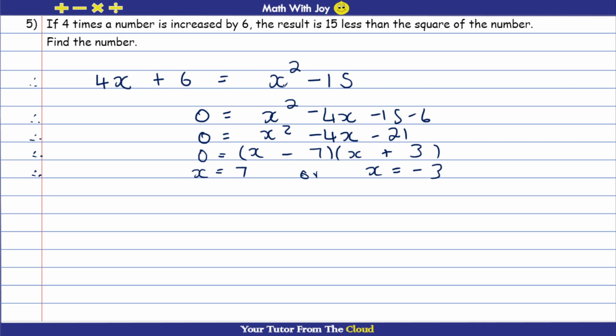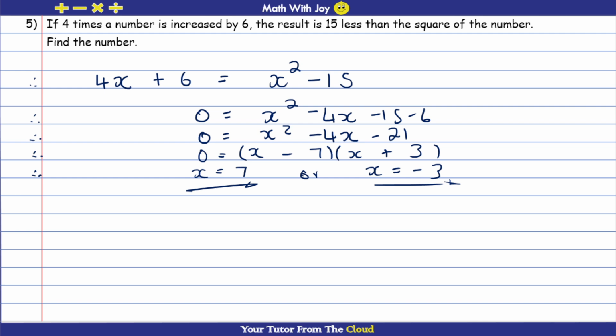And 7 squared is 49 minus 15 is 34. Yeah, both of them are going to work out. All right, so let's move over to the next question. Say find the number, it will be both of them. But you know what, let me just make sure and check these before I move on.